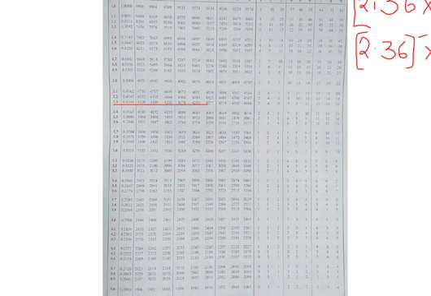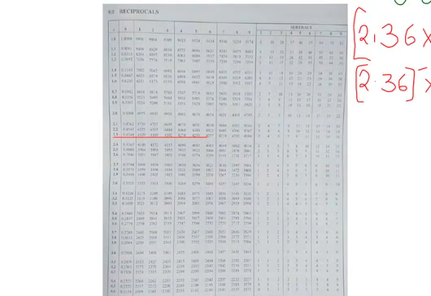Then to the column labeled 6, we move downwards to coincide with the row labeled 2.3, and the number is 4237. The first number is written as 0 point, so even our number should be written as 0.4237.